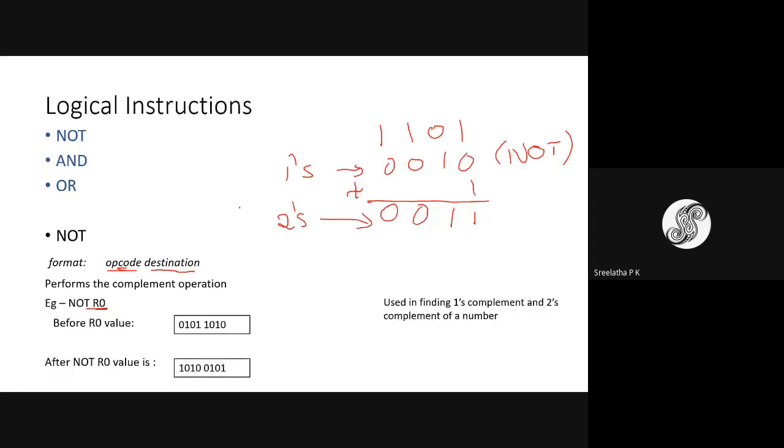Similarly, there are the and, or instructions. The and instruction is the logical and operation, what you have seen in C programming, if there is an if statement or any condition checking. If there is condition 1 and condition 2, two conditions, then if both conditions are true, it will come into the statement.